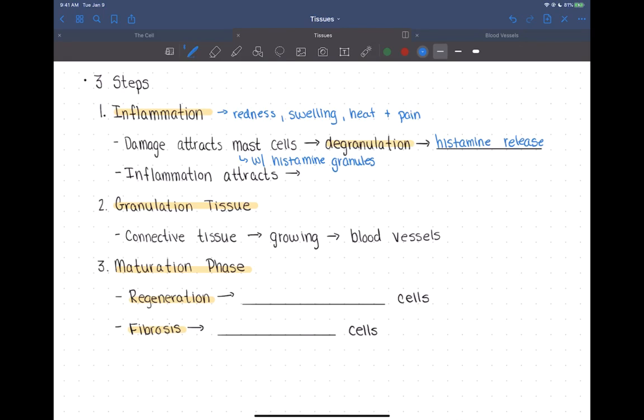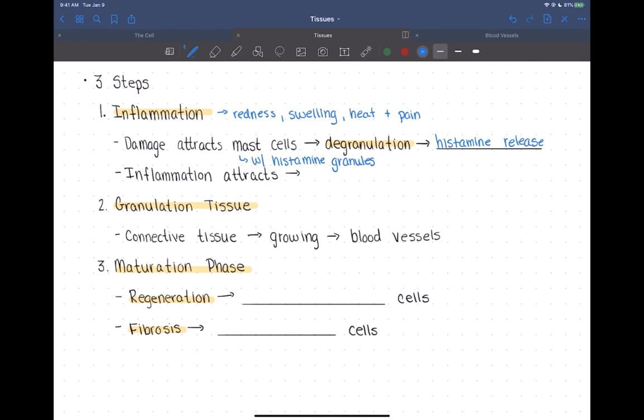Inflammation is really important. It doesn't feel good because it's painful, you've got swelling, and your injury will be hot to the touch. But it is really important for attracting the repair cells and the immune cells to the site of that injury.